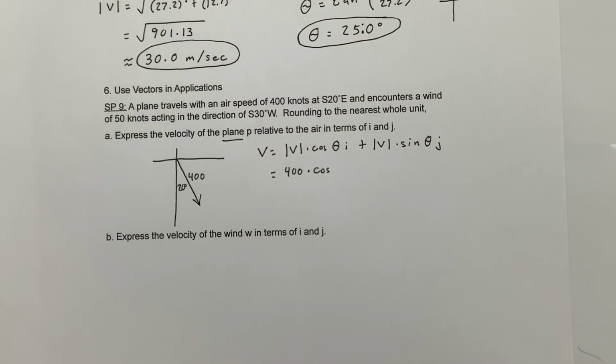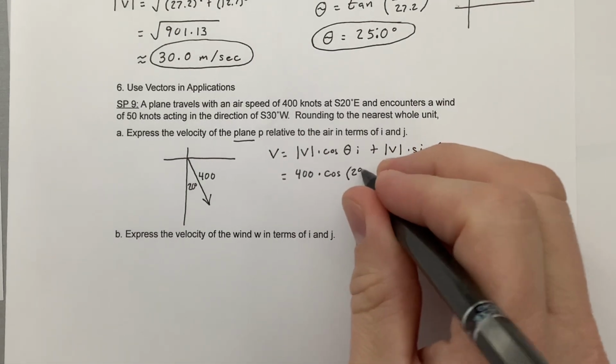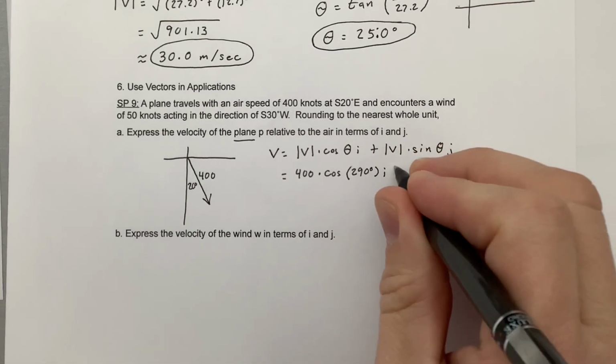Now we got to be careful. Theta, it is not 20 degrees, but instead going to be what? There you go, 290. We're 20 degrees past the 270 mark. So to indicate the exact location there, we do need to use 290.